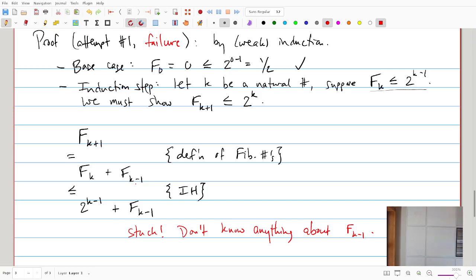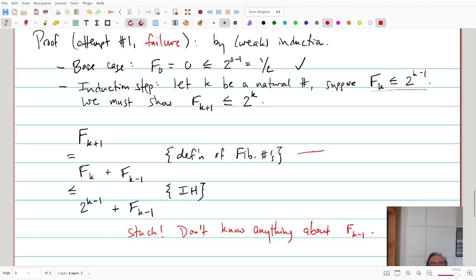Because if we only have one base case, f0, then I try to prove something about f1. But I can't prove something about f1 if I only know something about the 1 previous number, right? So I actually am going to need to prove it for f0 and f1, or just show those cases separately. And then when I start with f2, I can say, well, that's true because it's true for f0 and f1. And then f3 is true because it's true for f2 and f1.